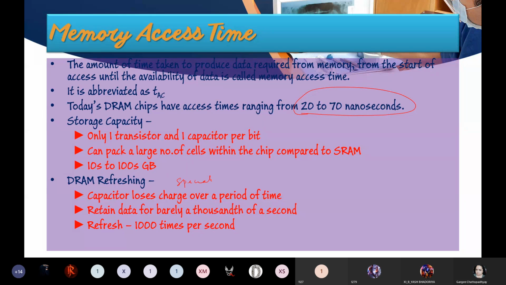Special regenerator circuits are used to refresh the capacitor to store data. Okay, that is, these regenerator circuits will keep refreshing 1,000 times per second, and it will enable the DRAM to save the data. It will enable the capacitor to save the data for some time.